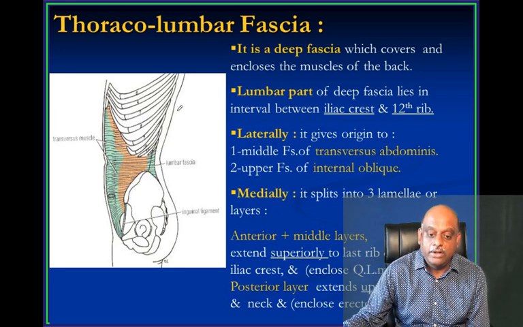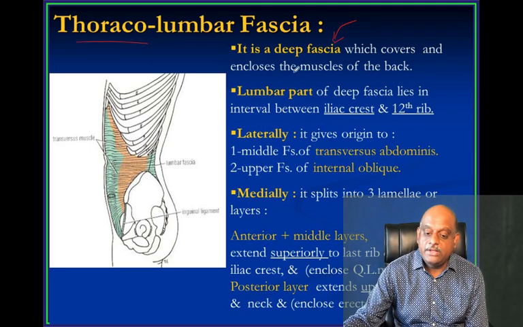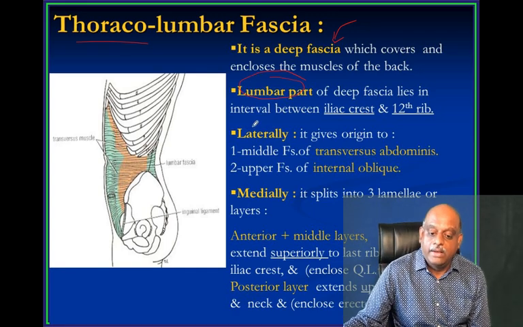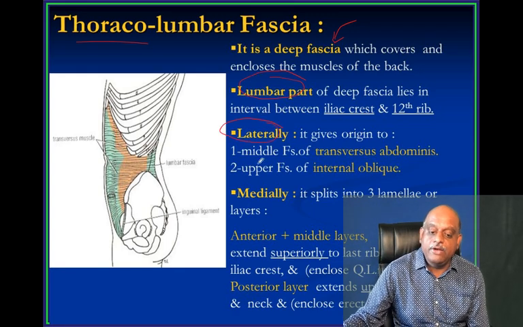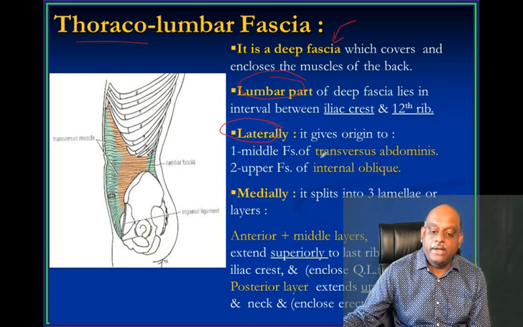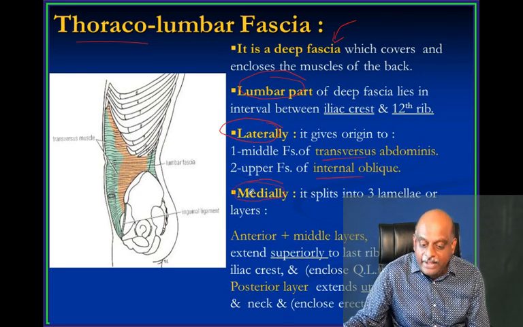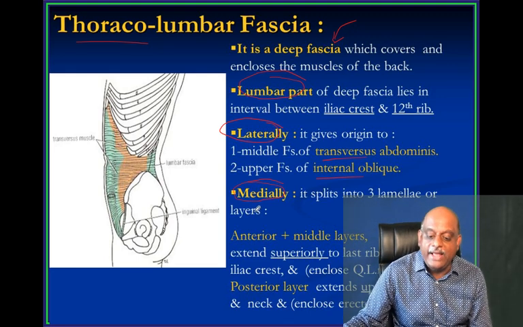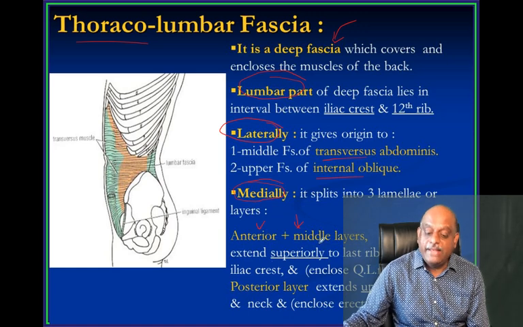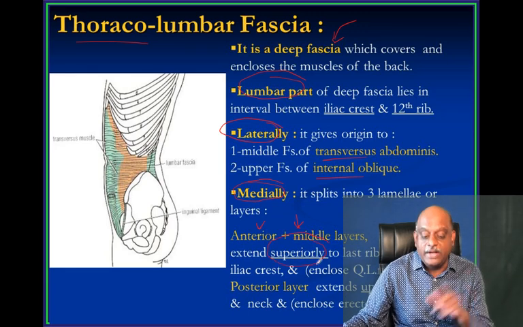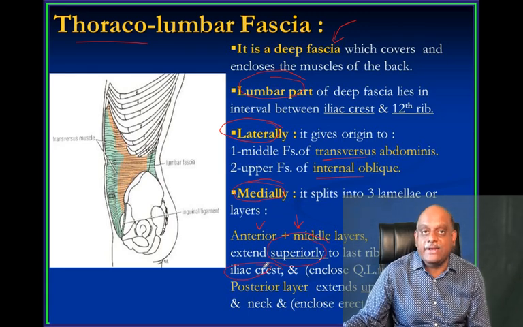Thoracolumbar fascia is a deep fascia. There's a lumbar part, and laterally it gives origin to the transversus abdominis and internal oblique. Medially it splits into 3 lamellae or layers. The anterior plus middle layer extend superiorly to the last rib and inferiorly to the iliac crest.